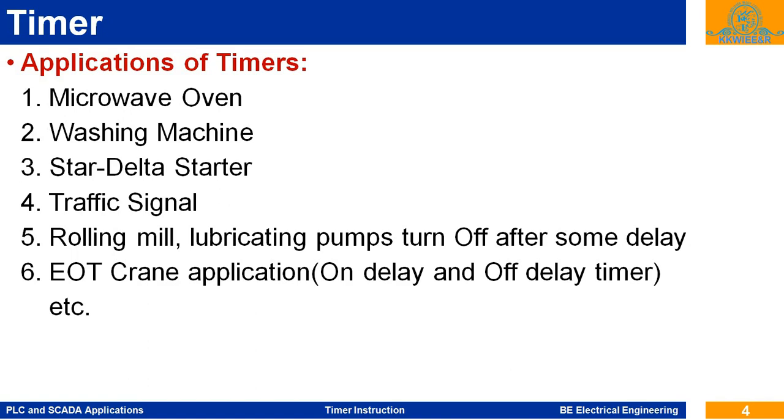Because of the heavy weight of the rollers, when the rolling mill is closed, the lubricating pump remains on for a few minutes and after that the pump is turned off. So for providing delay for turning off the lubricating pumps, timers are used.